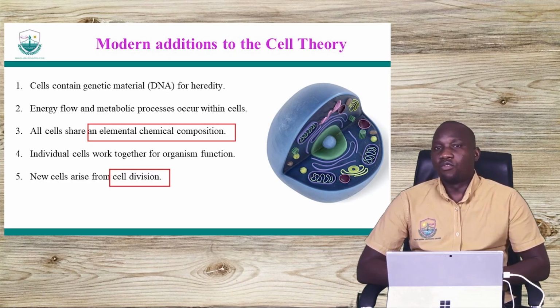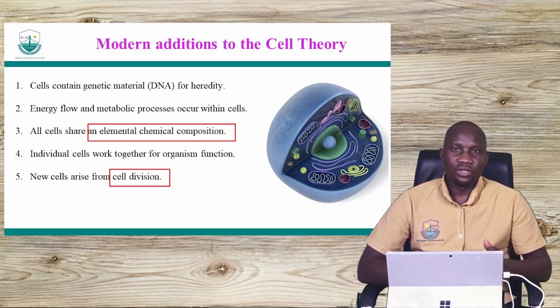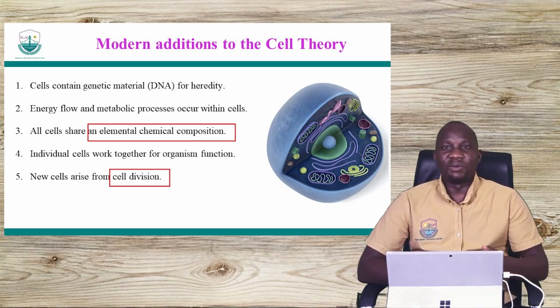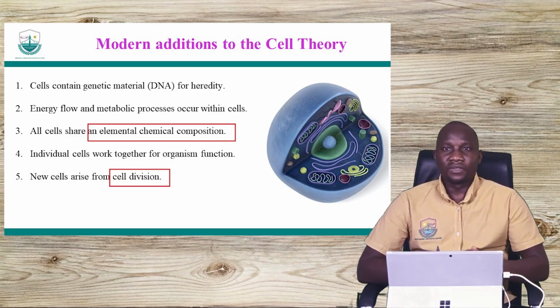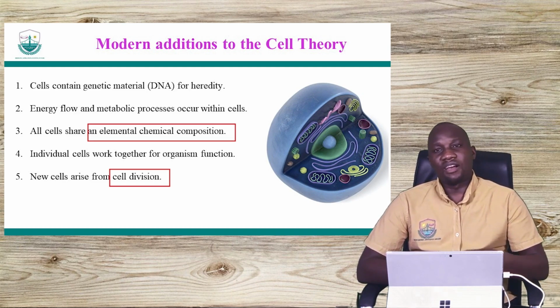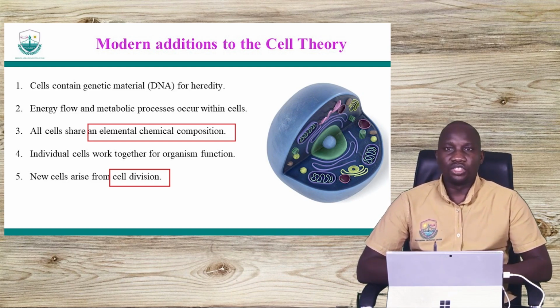Okay? But of course, when you look at reproduction, you also see other processes that can result in new cells, like budding and fragmentation. You will see them in reproduction. But definitely here we are emphasizing that cell division happens, and you have mitotic cell division and meiotic cell division.